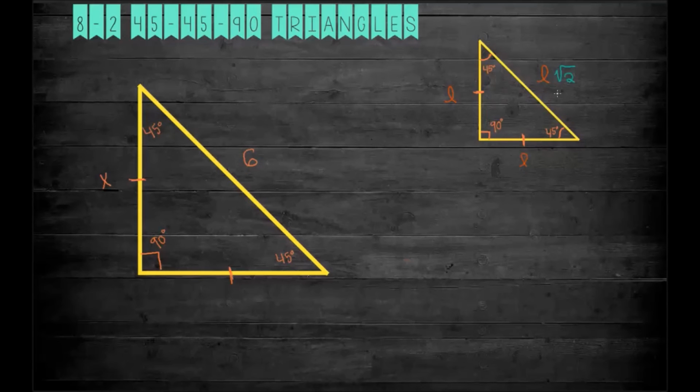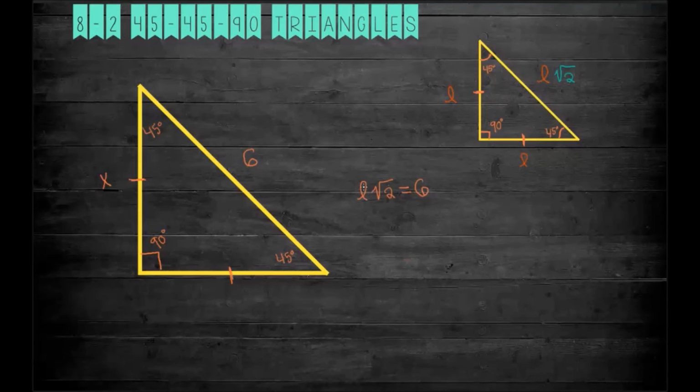So it doesn't have that square root of 2 hanging around. Well, we know from this ratio that the hypotenuse is going to be the length times the square root of 2. Right? So length times square root of 2. That hypotenuse distance has to be 6 according to our problem, so we know this equals 6.